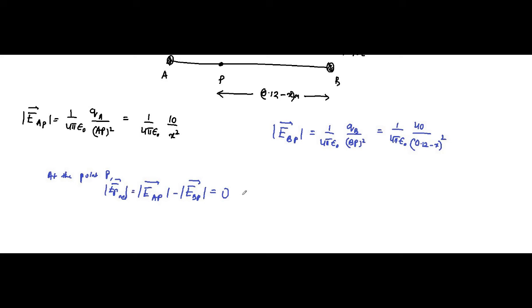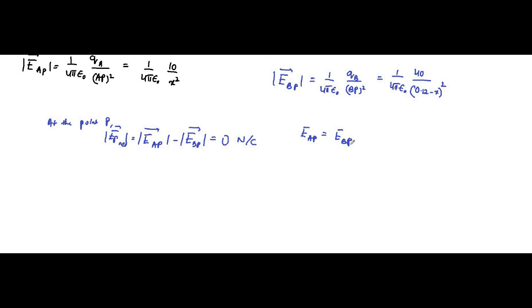It is equal to 0 Newton per coulomb. So that implies EAP magnitude is equal to EBP magnitude. Okay, I have removed the vector sign and the modulus sign, just the magnitude I am taking.